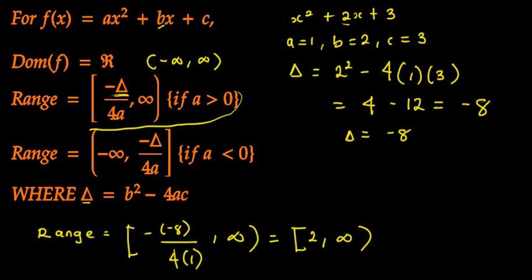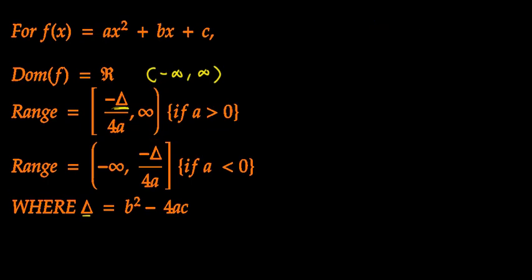So let's see if we can use this for the second example that we did. Our second example was minus 2x squared plus 3x plus 5. So here our a is equal to minus 2, our b is equal to 3, and our c is equal to 5.